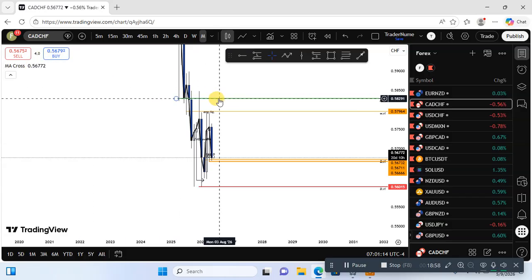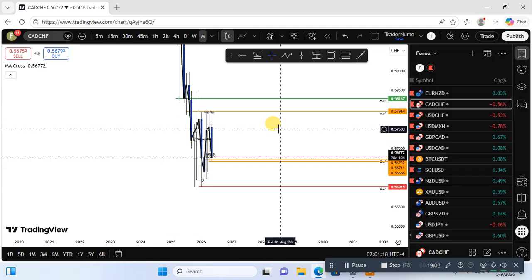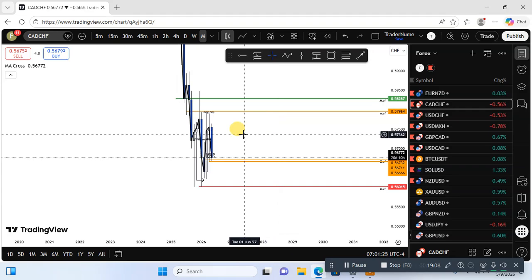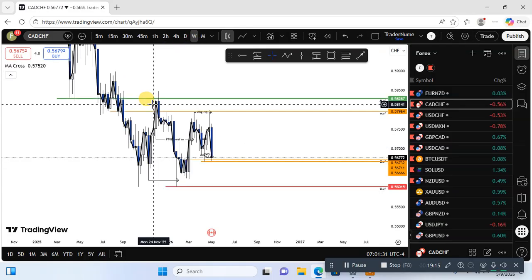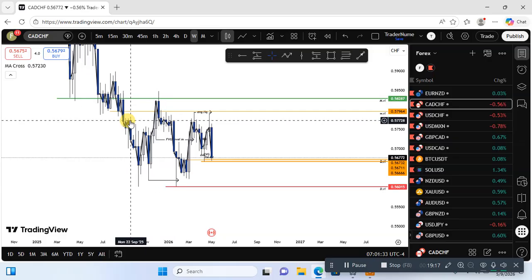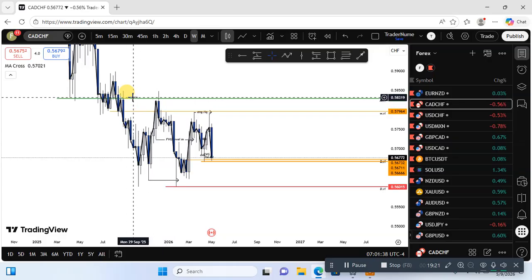Price rejected and caused a break of structure. So after that break of structure, we moved to our weekly time frame to see what happened. We see that weekly also respected it.